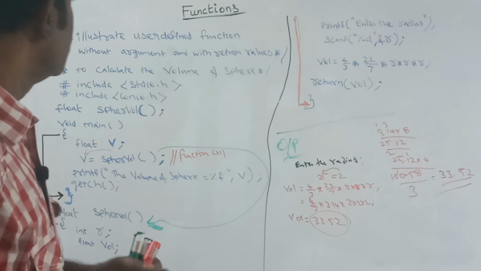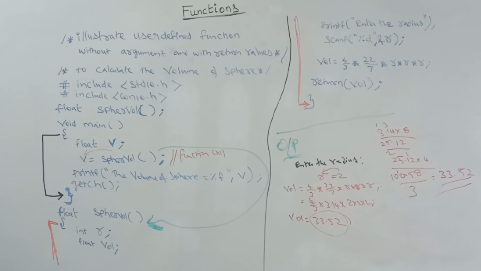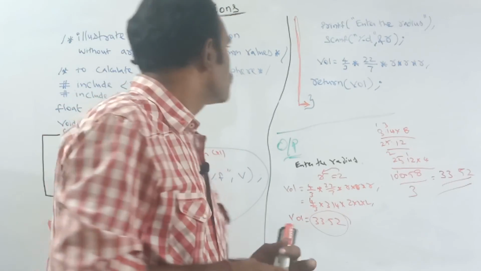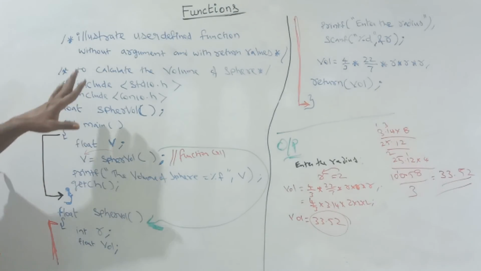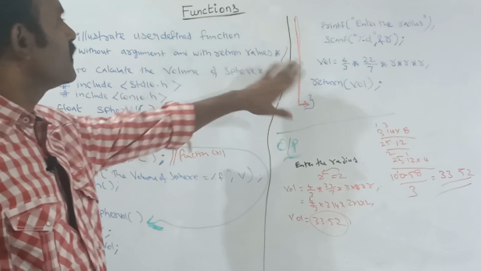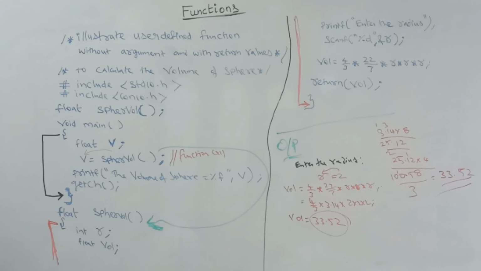See, next one. Now let us see a simple example for this: a function without argument and without return values.